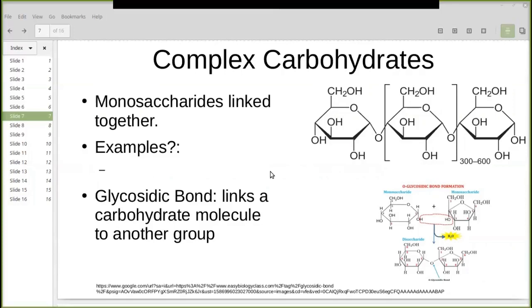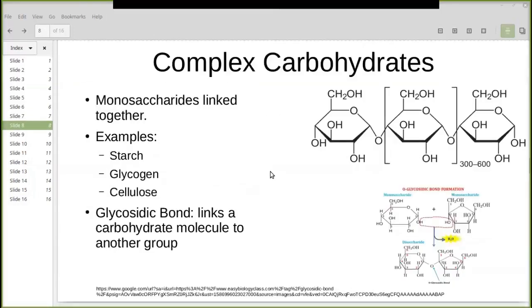Others would include glycogen, which is kind of the starch for animals, but it's a slightly different structure. Then you have cellulose, which is another complex carbohydrate, used more for structure than for energy storage. And these are combined together through what are known as glycosidic bonds, right?